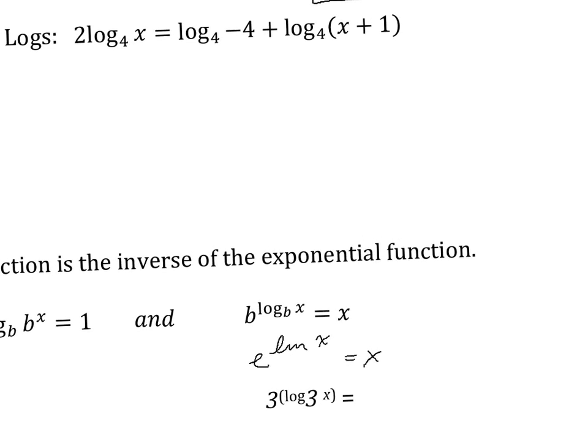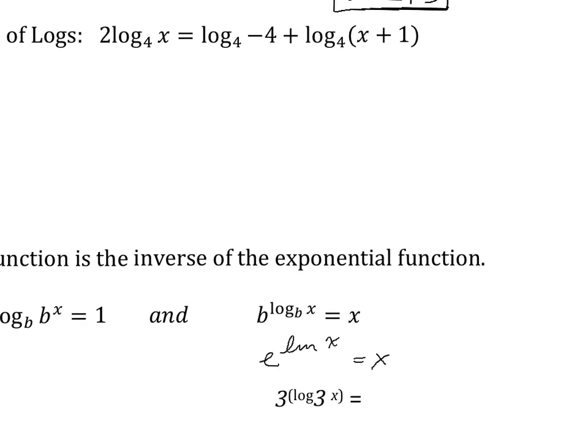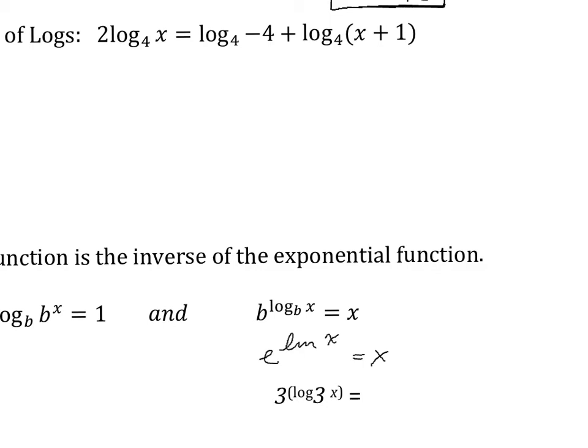Okay, for this problem here, we really need to use our laws of logs, okay? Because we have things being added together. We have a 2 out in front of here. That 2 means that what we're really dealing with is log base 4 of x squared.